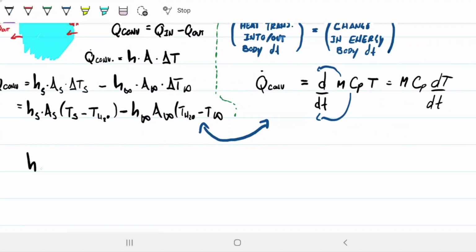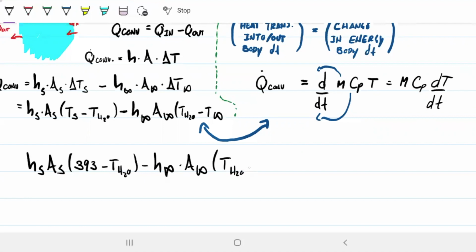my H of steam, area of steam. I'm going to go ahead and put my values there, and I know my values because I know the temperature of steam. It's a constant temperature, and it's 393. So 393 minus T water, minus HA, area for infinity, T of water that I don't know, it's my unknown, and my T infinity, which I do know as well.